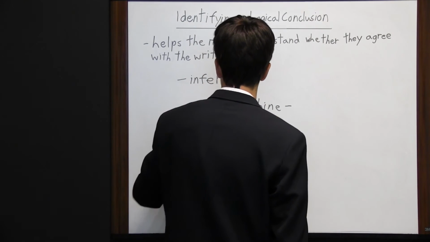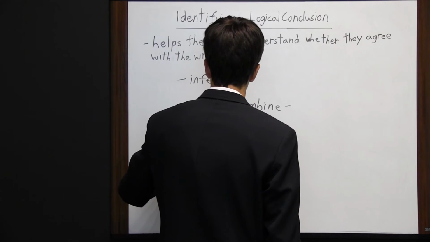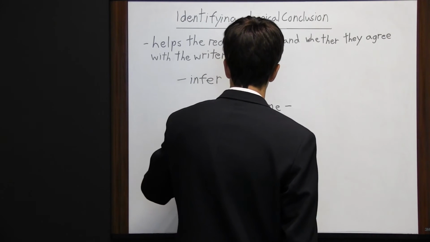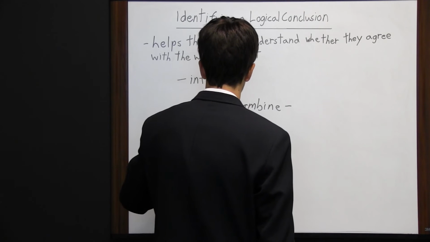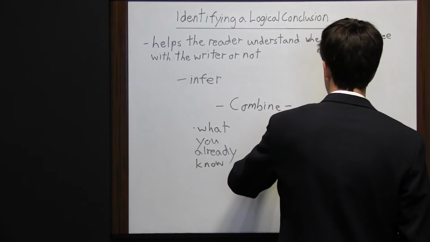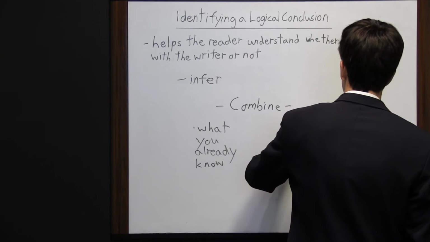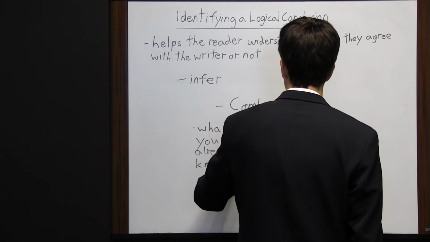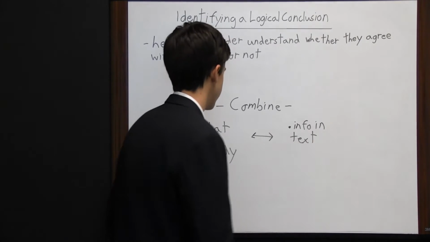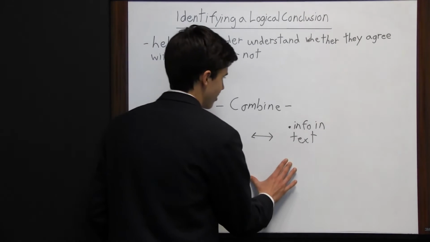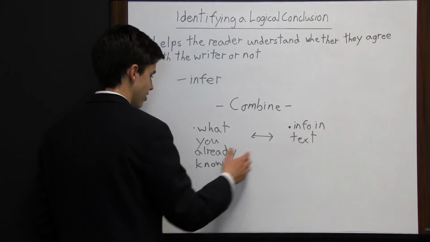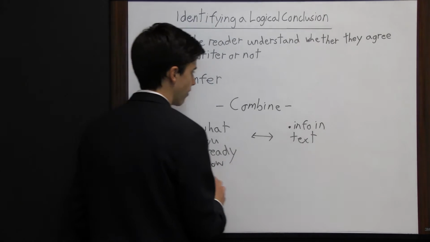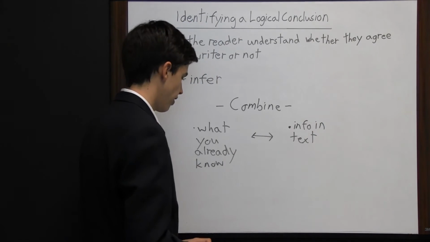What you already know with the info or the information found in the text. So I'm going to draw a double arrow there, because to make an inference, you're pulling these two things together, everything you find in the text, any pre-knowledge you have, and you're pulling that together to draw the conclusion.